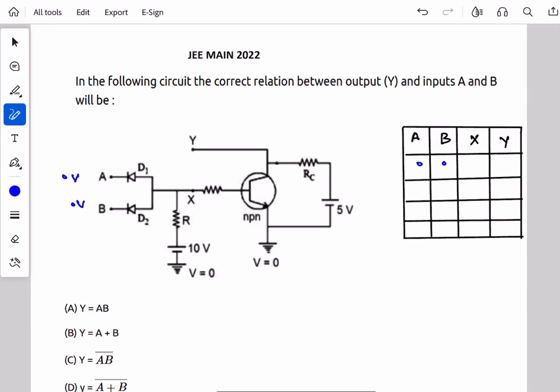Assuming diodes are ideal, diodes will behave like short circuit and current will flow through them freely without any resistance. There would be a potential drop of 10 volt across this resistor R and potential at X would be 0. So this would be in the off state.